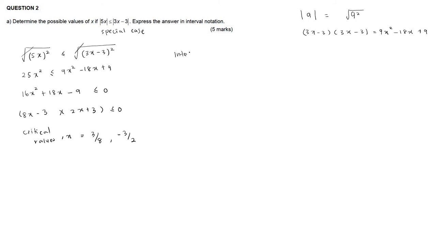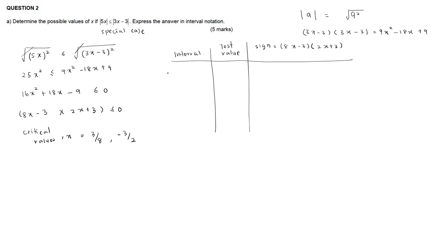The first column is for the interval, the second column is the test value, and in the third column we find the sign. We will substitute into the last equation, 8x minus 3 multiplied by 2x plus 3.